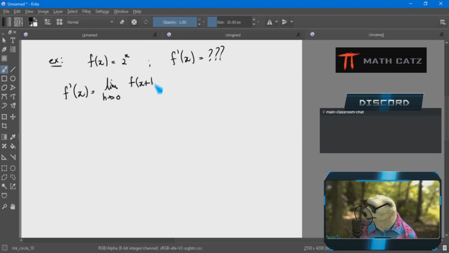F of x plus h minus f of x over h. Now, we might have used a c for a specific x value, but of course, I don't want to do it for a specific number. I want to do it in general. I want to see what the limit definition tells me, so at least once, so I can get away from it, which was my goal for all the other properties, right?